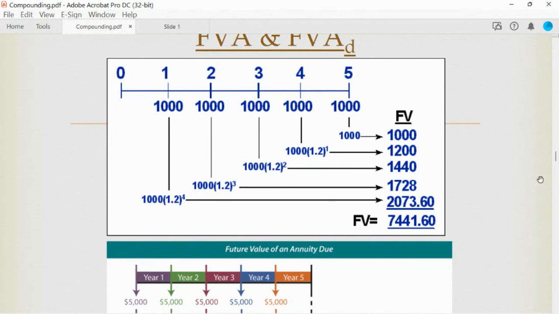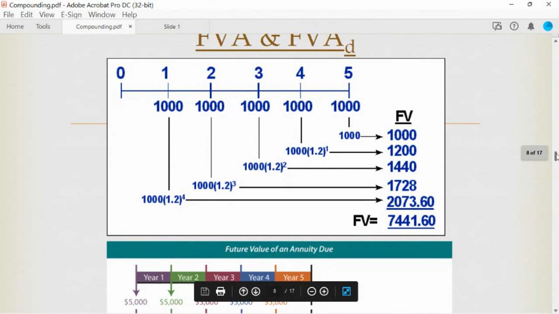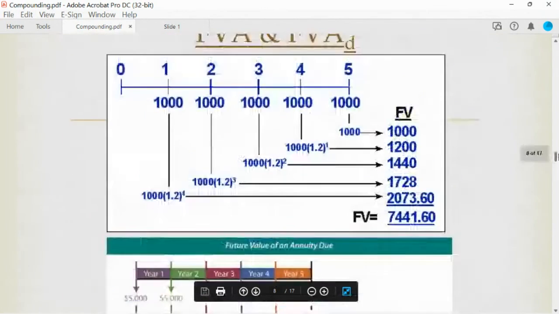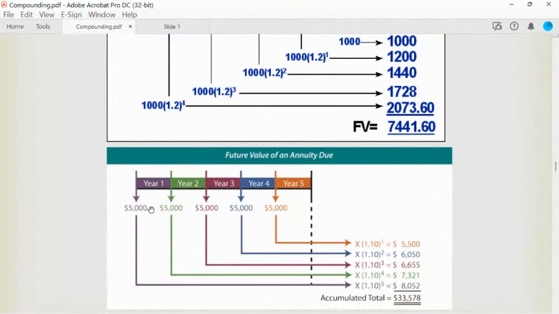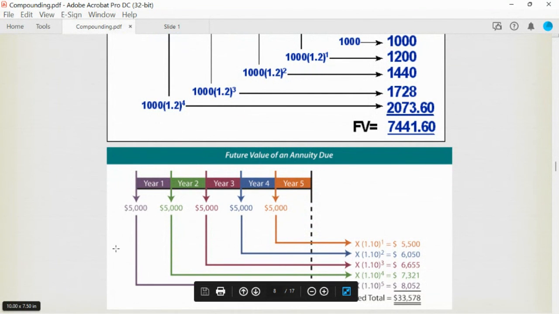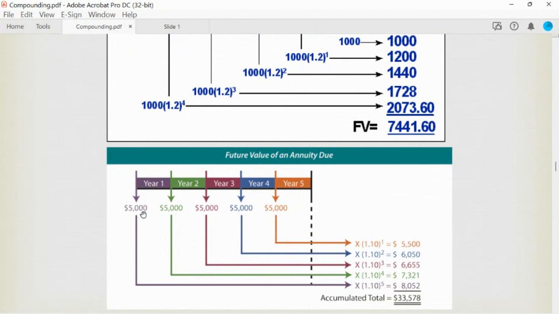So then the difference between the two is, now think about it. The payment is $5,000 here. Interest rate is 10%, so that's the difference. But ignore that difference. Just assume that they have the same payments, same interest rate.